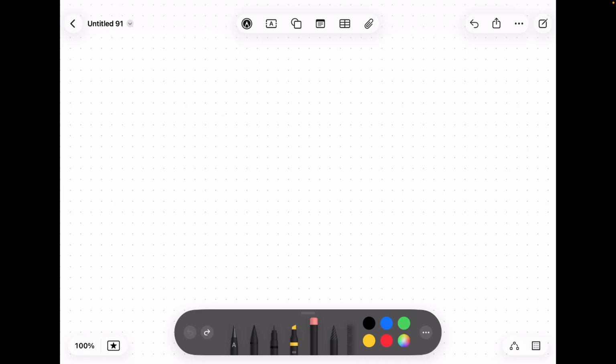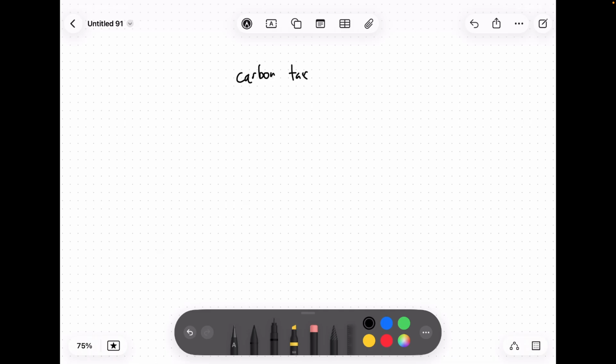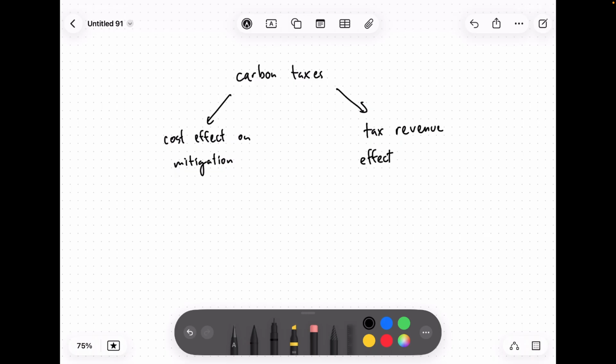Yeah, okay. So when we talk about carbon taxes, we think about the cost effect on mitigation, and then you have the tax revenue effect on mitigation.